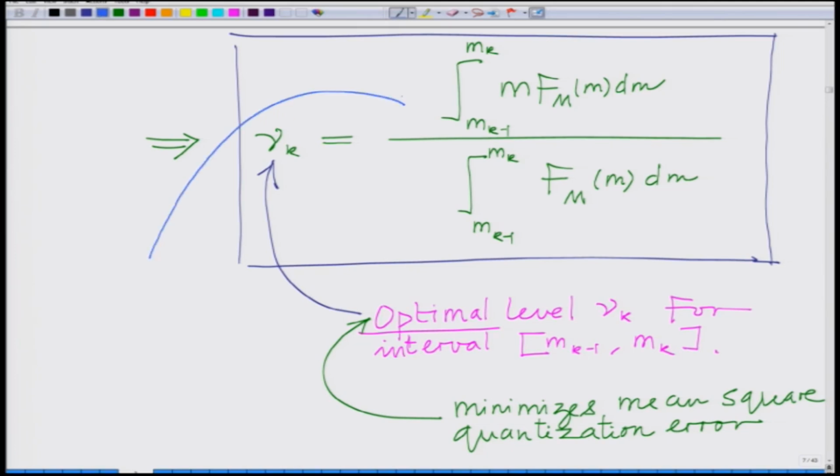So this quantization level is similar to the center of gravity corresponding to the interval m_{k-1} to m_k, if this probability density function f_M(m) can be thought of as a distribution of mass of an object. So you can see that analogy: this is nothing but the center of gravity.